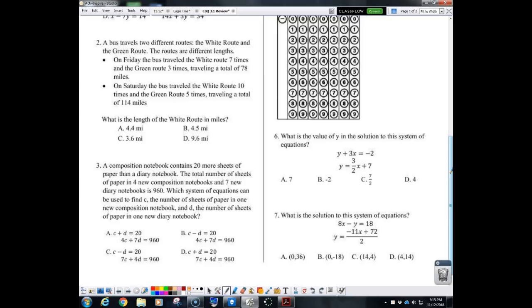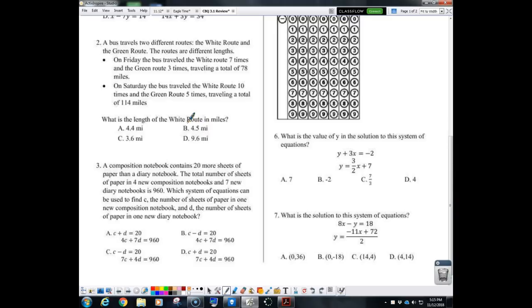On Saturday, the bus traveled the white route 10 times and the green route 5 times, traveling a total of 114 miles. You need to write a system first, and then solve the system. You're looking for the length of the white route. So what is the length of the white route in miles?